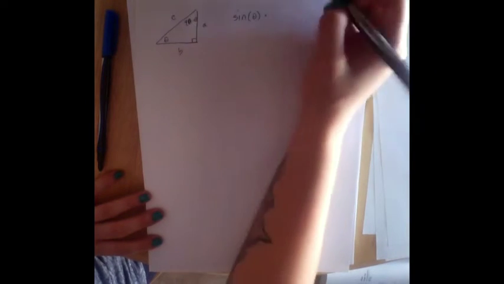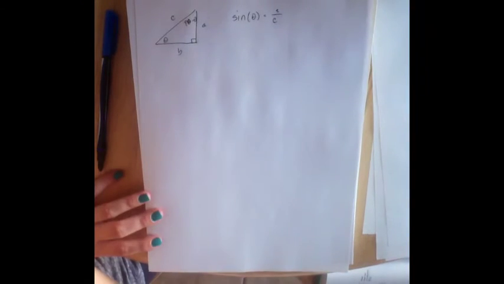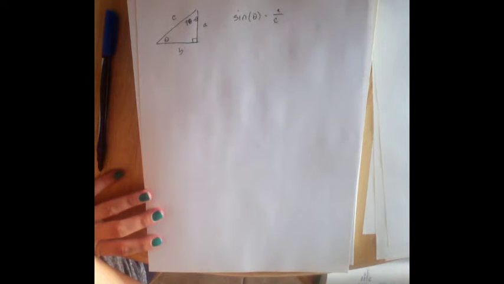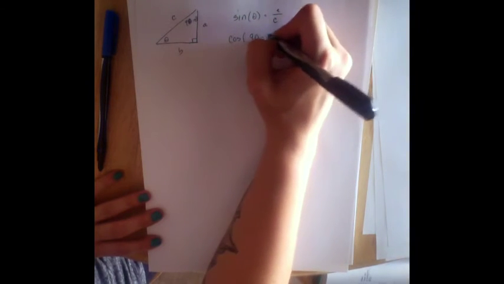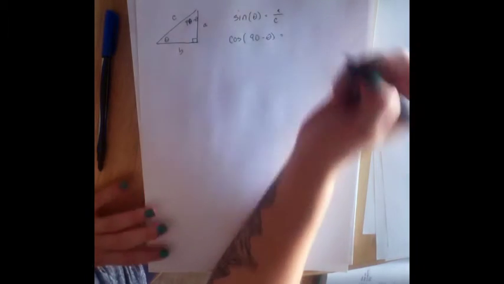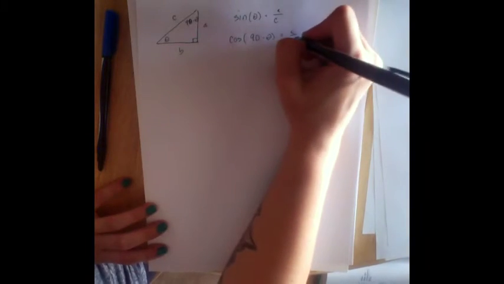We know that sine is going to be A over C, opposite over hypotenuse. And what if I then took the cosine of the complement, 90 minus theta? That would also give me A over C.